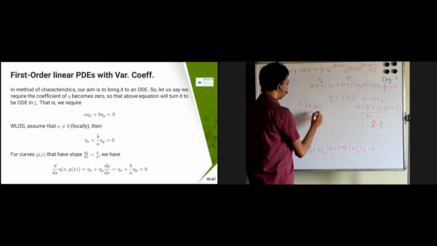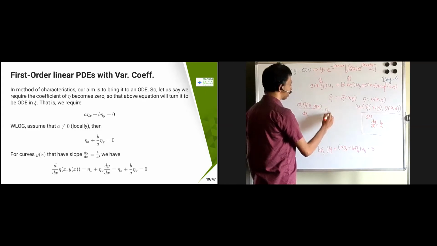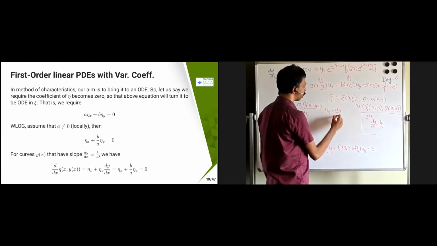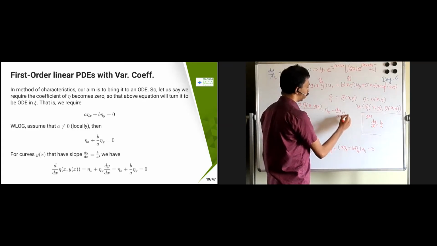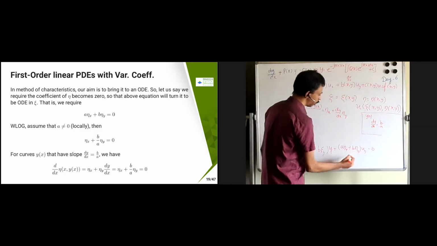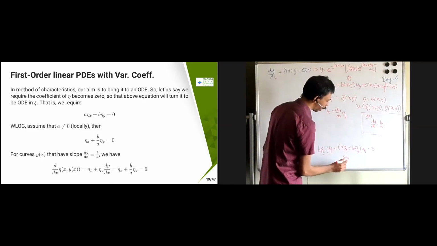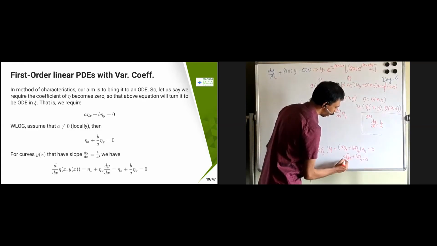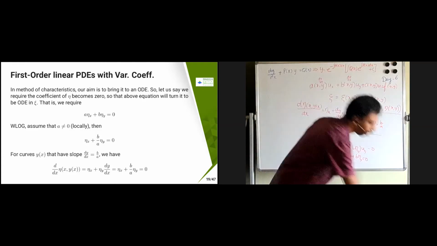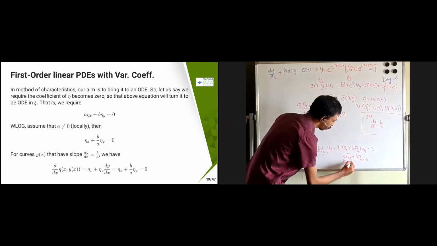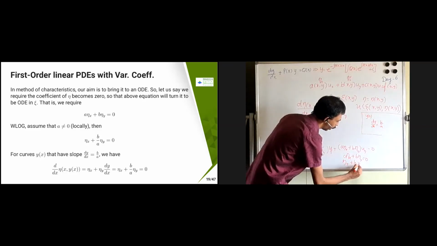This is going to become eta x plus, I have to differentiate, dy by dx into eta y. Here we have already a eta x plus b eta y. So whatever a was, I have to choose my eta in such a way that this is going to become 0, and then I had that eta x plus b by a eta y equal to 0.